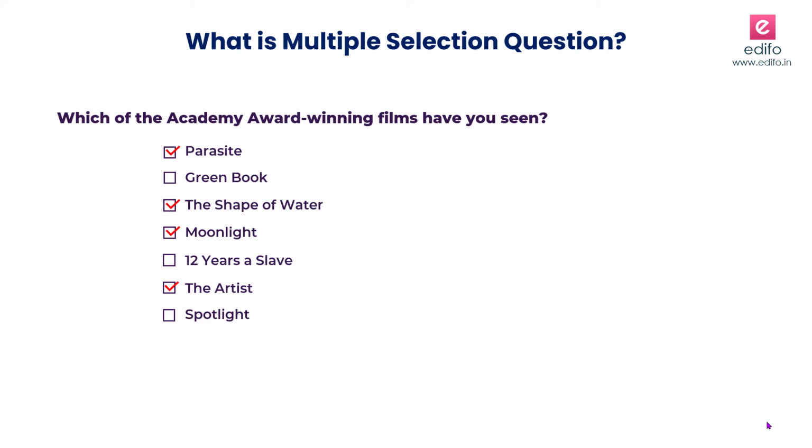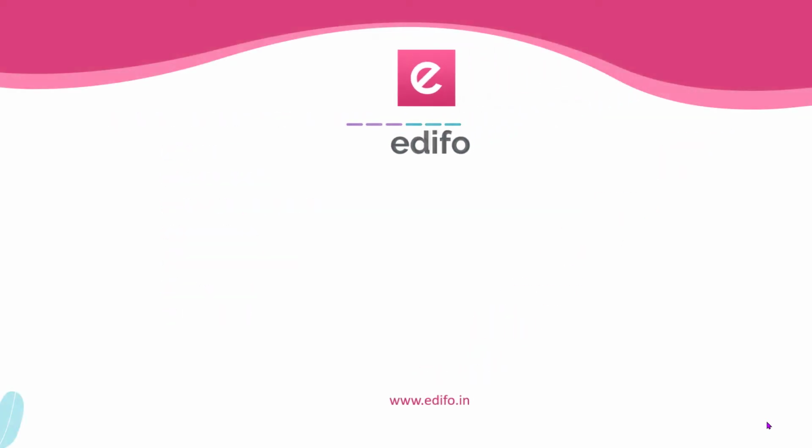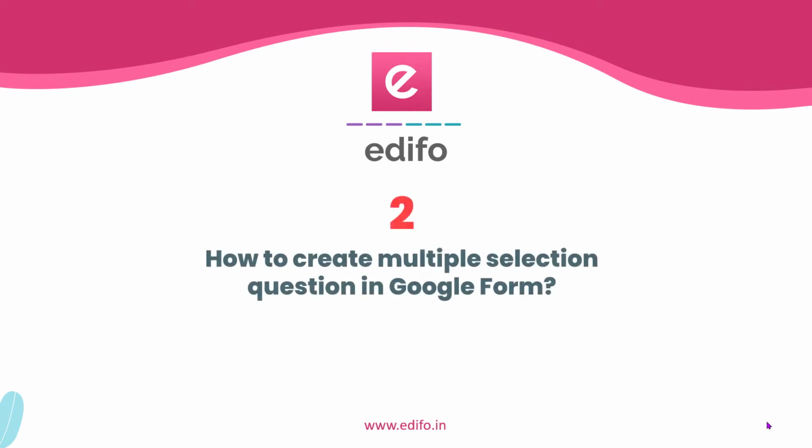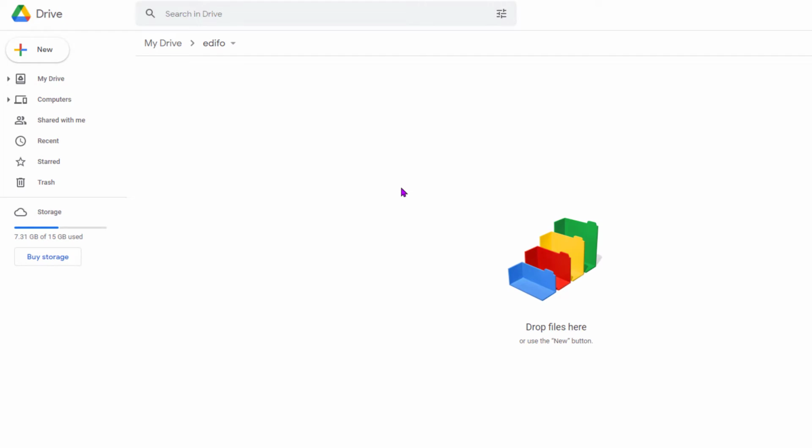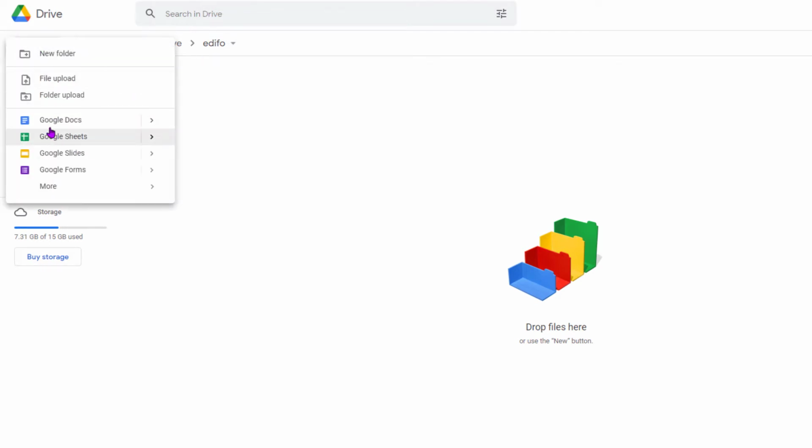Now we move to the second part of our video, that is how to create multiple selection question in Google Form. Open Google Form or forms.google.com, or you just log into your Google Drive, and on the Google Drive, here is our folder. Then click here New, then Google Form.